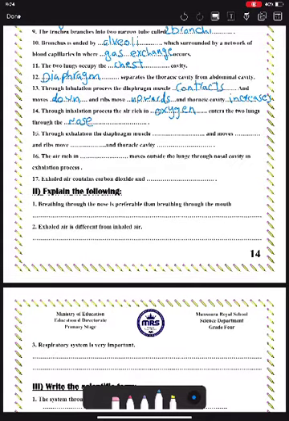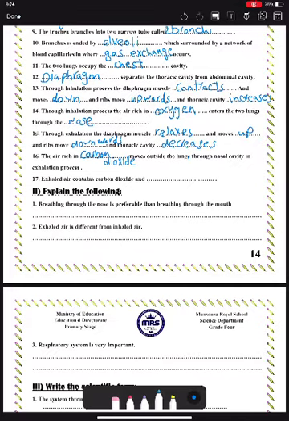Through exhalation, the diaphragm muscle relaxes and moves up, and ribs move downward, and the thoracic cavity decreases. The air rich in carbon dioxide moves outside the lung through the nasal cavity in the exhalation process.